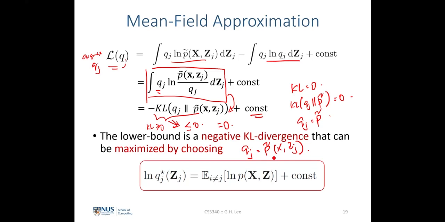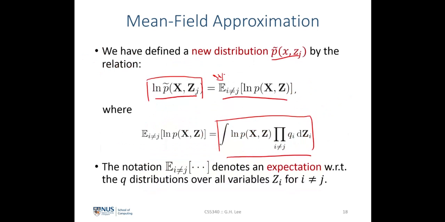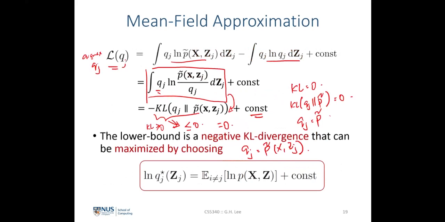And we know that this p tilde of x and z_j is what we defined to be the expectation over the log of the complete likelihood of x and z, which simply means that we can rewrite the log of the optimal q_j in this particular expression.